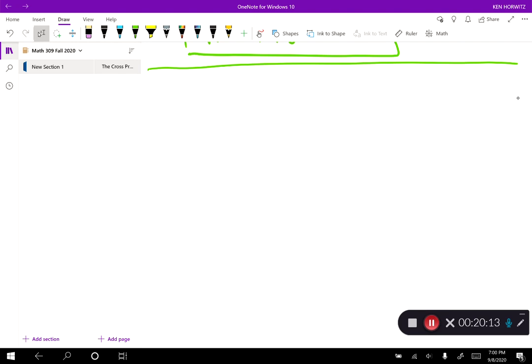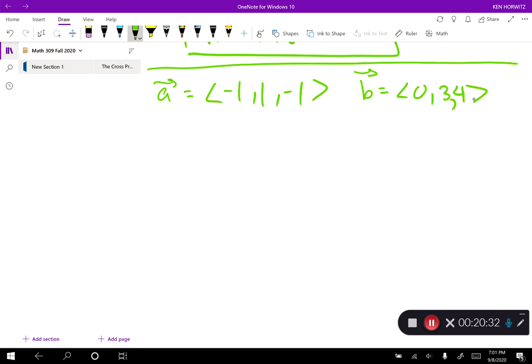All right, so vector A is <-1, 1, -1>, and vector B is <0, 3, 4>. All right, so I want two vectors, same question. Orthogonal. Actually, you know what? Let's change the question.